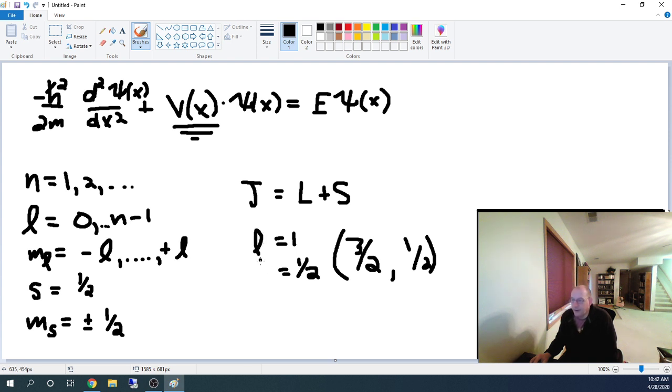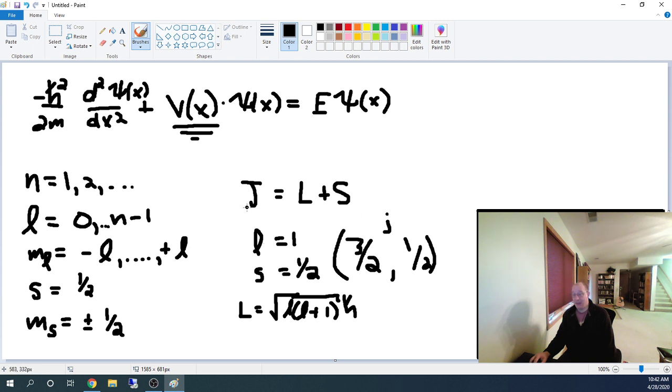So the little l and the little s can go from 1, and s is 1 half. Remember that capital L is the square root of l times l plus 1 times h bar. And the same thing is true of capital S, it's the square root of s times s plus 1 times h bar. So the possible values of little j can be 3 halves and 1 half.